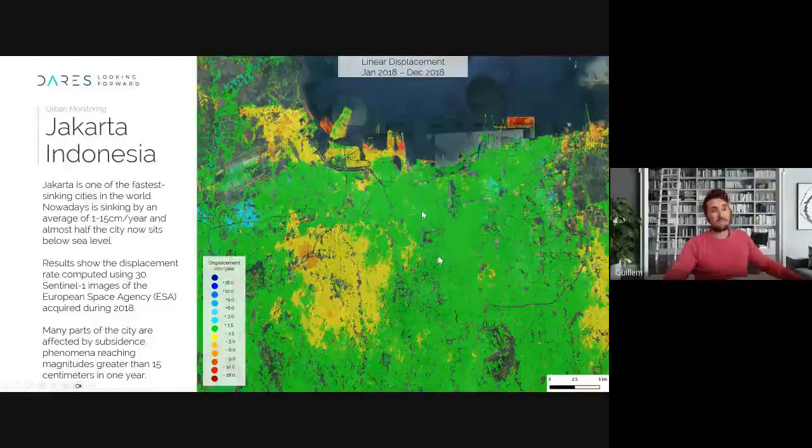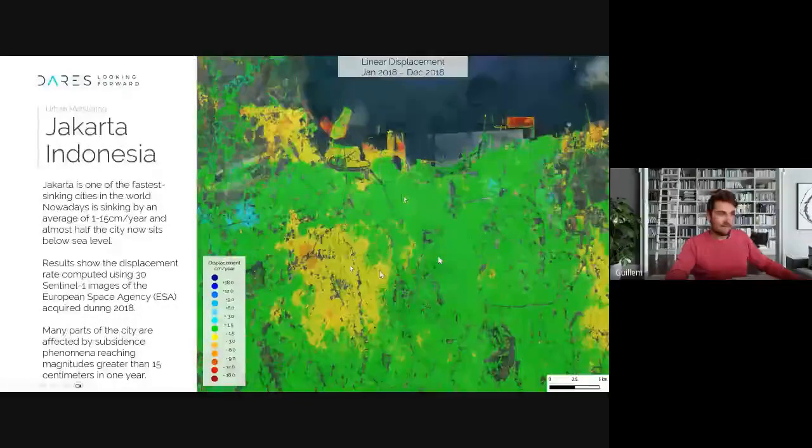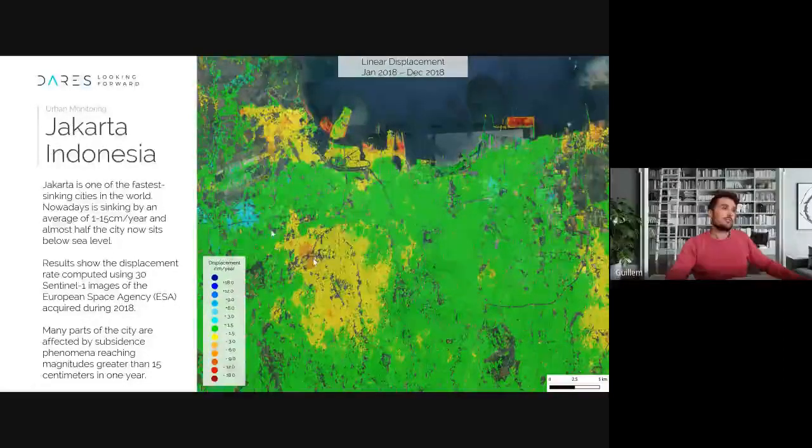It means that green points are more or less stable. Yellowish, reddish points are moving away from the satellite. So we would say that here we have subsidence, here we have more subsidence. I guess you know, for example, in Jakarta, they have a lot of problems with underground water. So this is producing subsidence.